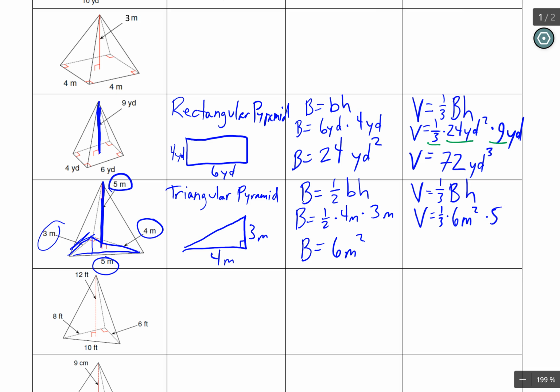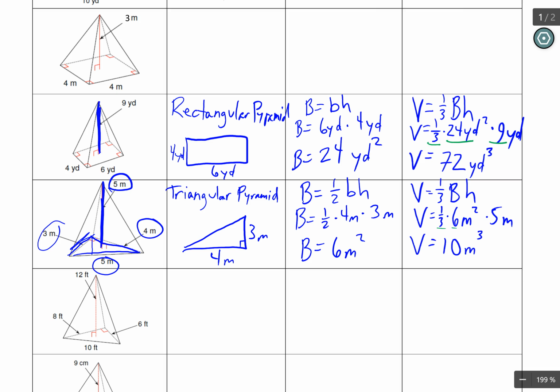So a tallness of 5. Now I can go ahead and solve it. 1/3 of 6 is 2, because 6 divided by 3 is 2. So it's 2 times 5, which gives me 10. And so I have 10 meters squared times meters gives me meters cubed.